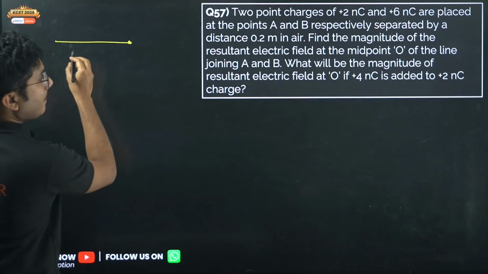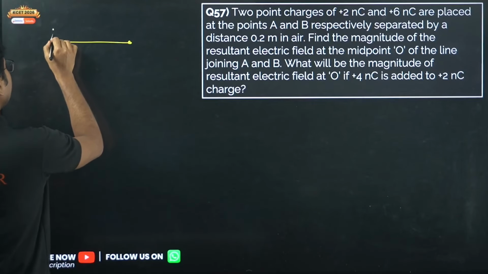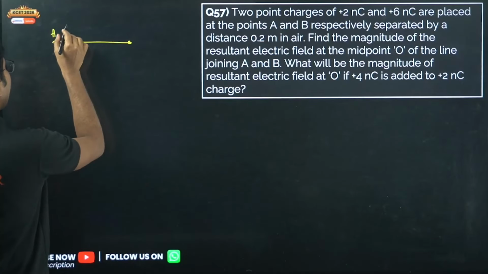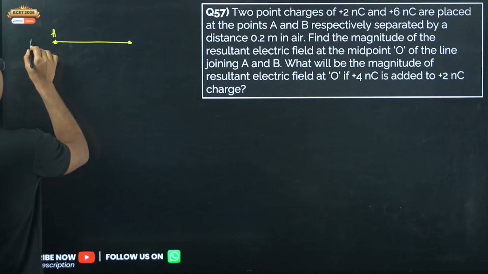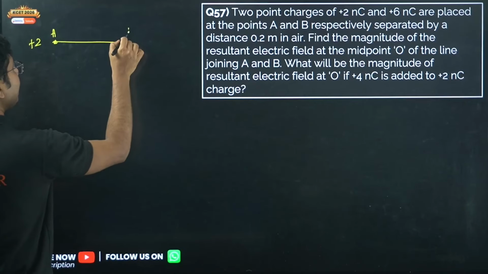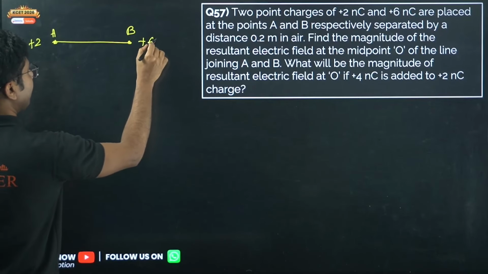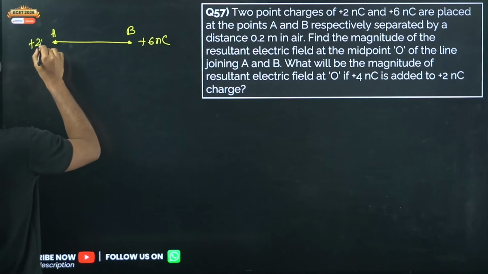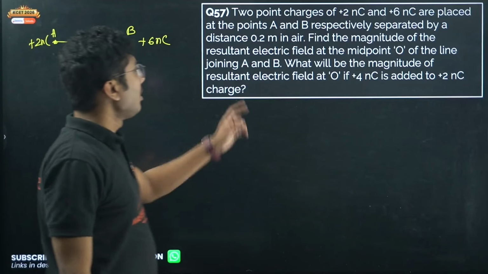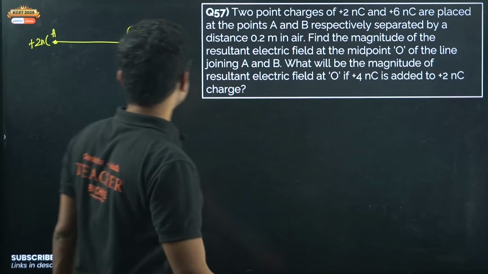So here we have two charges. At A we have plus 2 nanocoulomb, and at B we have plus 6 nanocoulomb, separated by a distance of 0.2 meter.